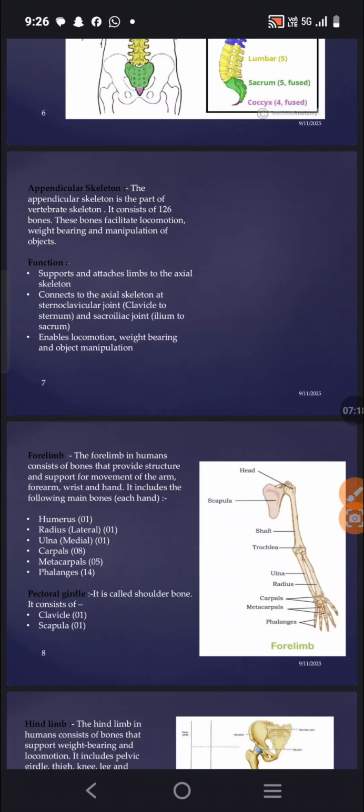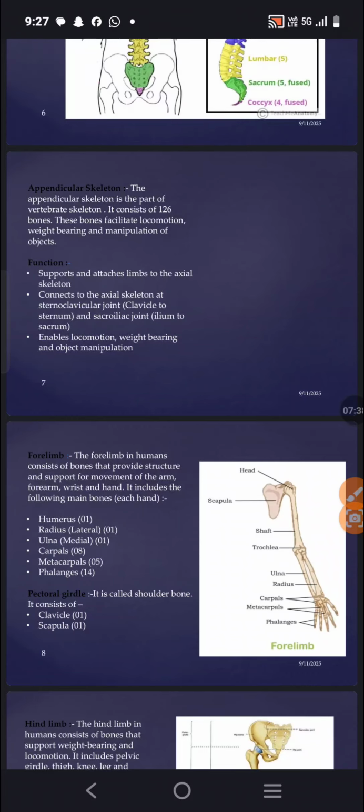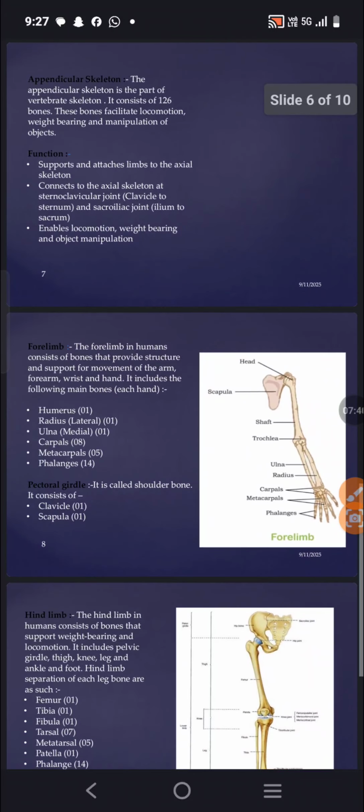It includes the following main bones of each hand, namely humerus, radius, ulna, carpals, metacarpals, and phalanges. Altogether, it is 30 bones.